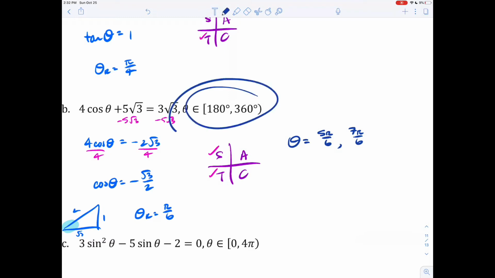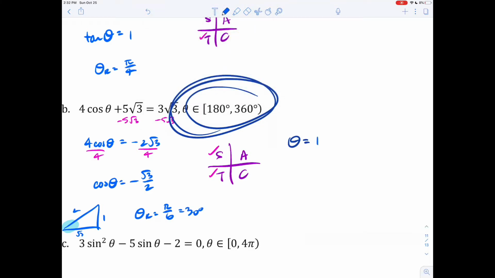But theta is from 180 to 360 degrees. Oh, whoops, we're not even in radians? So if we actually look at our angle as 30 degrees, alright.